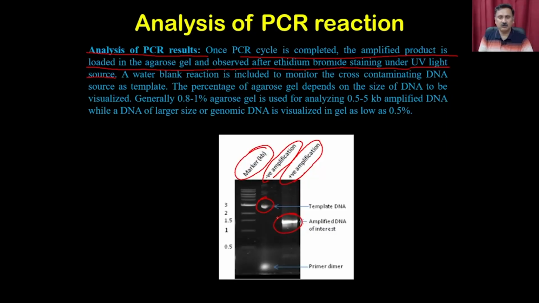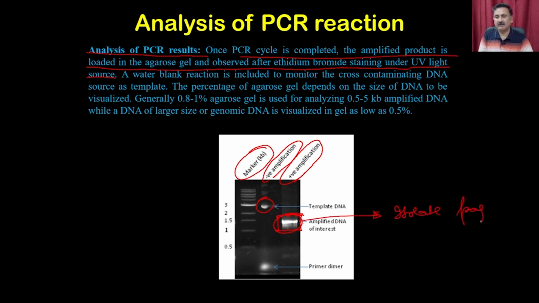So this is all about the PCR reactions, which you can use to amplify the gene of your interest. Once you have the gene of interest, you can cut this agarose block and isolate the fragment.